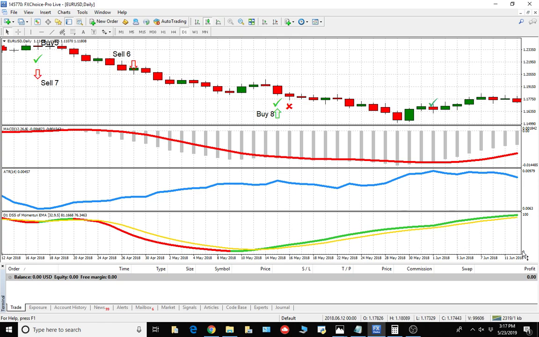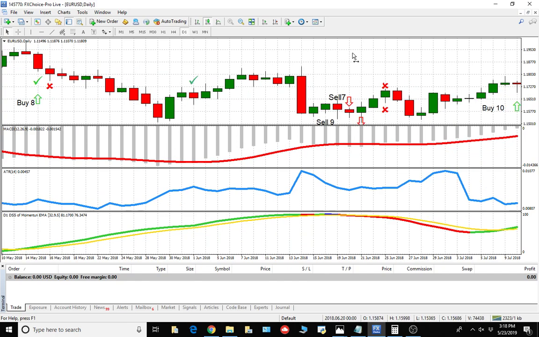I don't like the 0-100 overbought, oversold, because it creates divergence. It was still in a trend right there. You could have taken all that, or maybe you weren't in a trade for that, but instead it turned around and said nope, it couldn't go any further, so it put you in another trade. So that's one thing I don't like about these overbought, oversold indicators. But anyways, let's move forward.